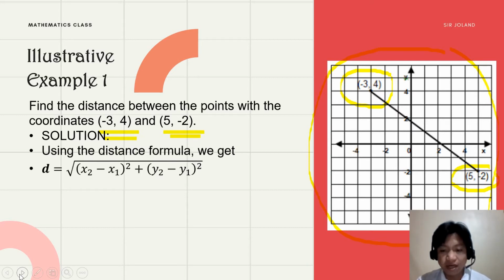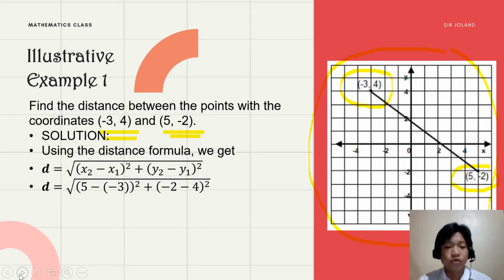So again, you just write this. d is equal to the square root of the quantity x sub 2 minus x sub 1 squared plus the quantity y sub 2 minus y sub 1 quantity squared. Now, how are we going to identify the points? Okay, so for the x sub 2, x sub 1, y sub 2, y sub 1.